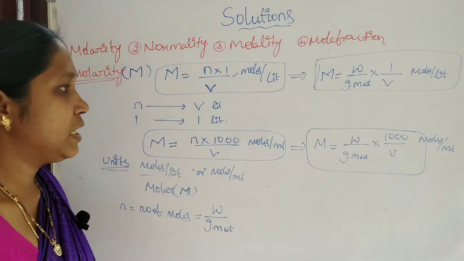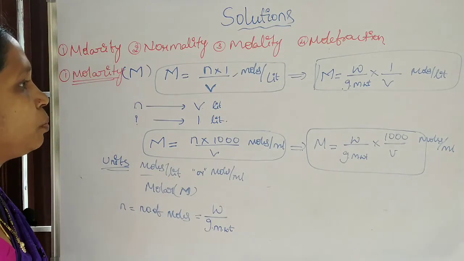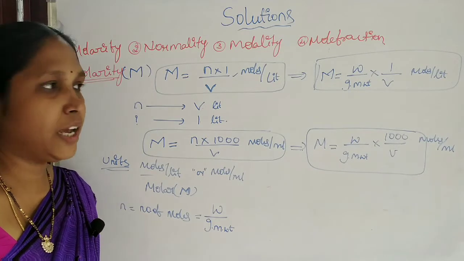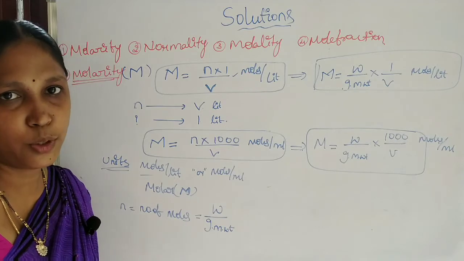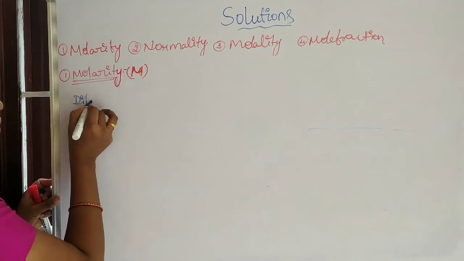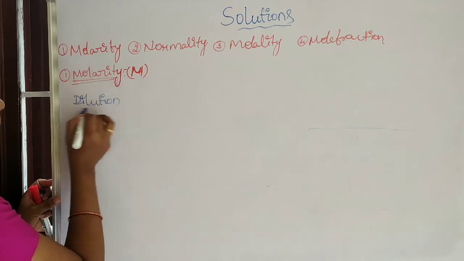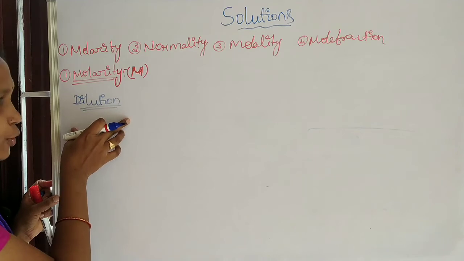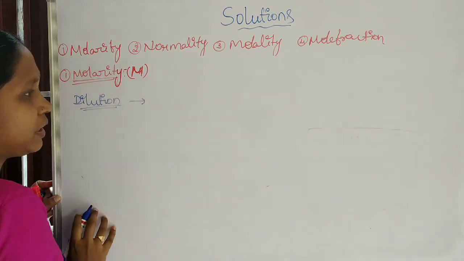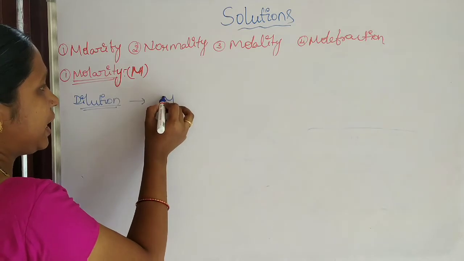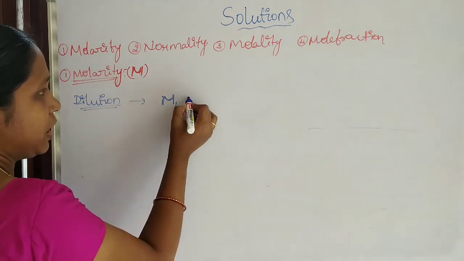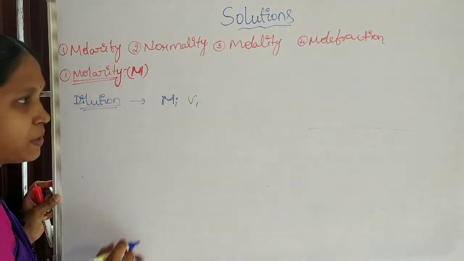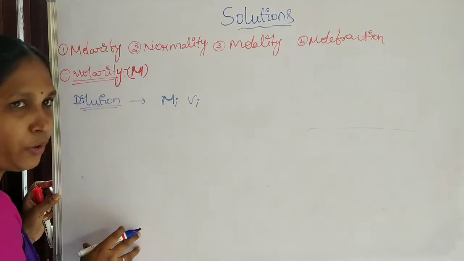Now write down molarity for dilution. That means if we take a solution and dilute it, write down the molarity formula for dilution. Suppose we take a solution with molarity M1 and volume V1, or initial molarity Mi and initial volume Vi.